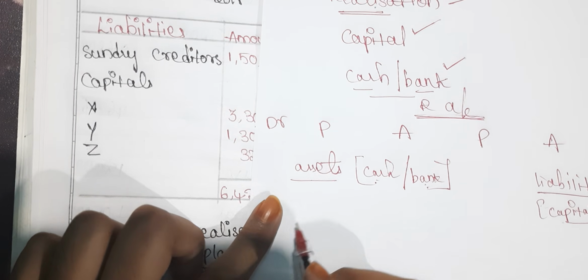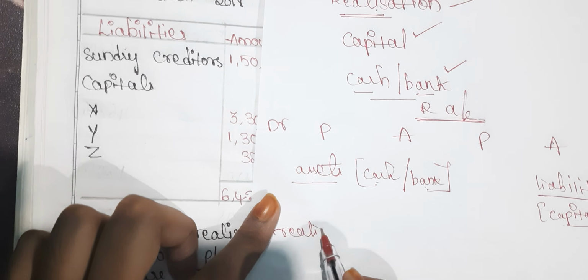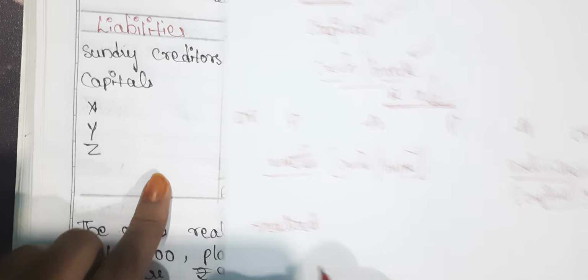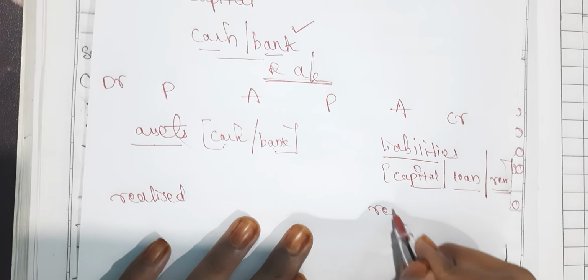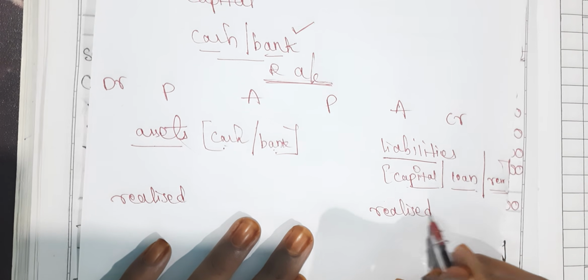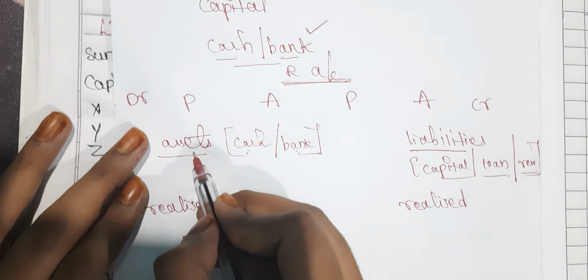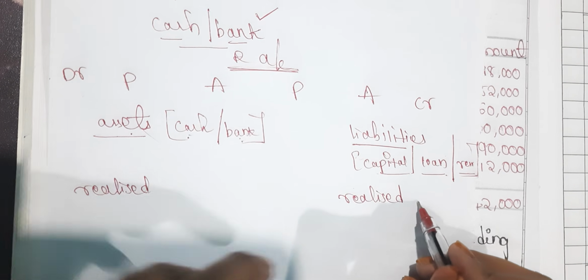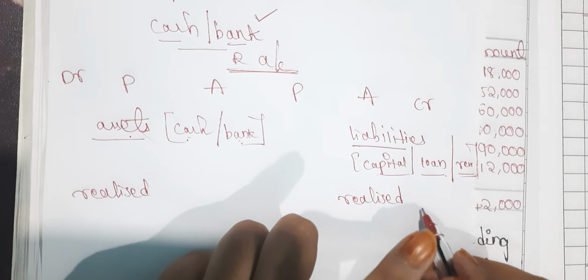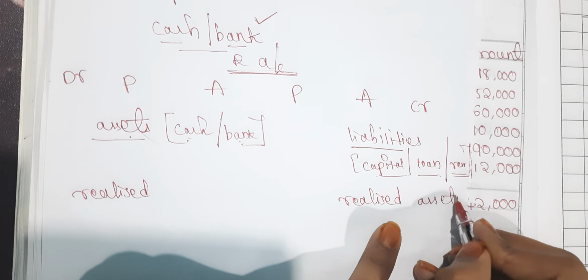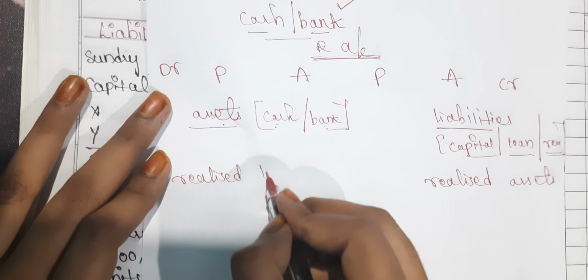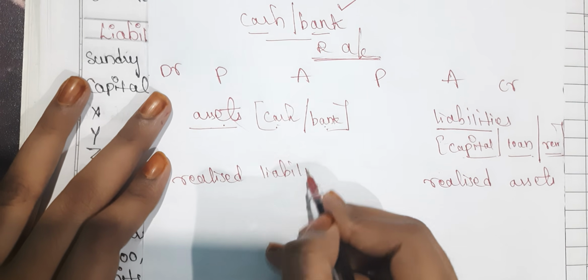If assets are realized, you need to take those assets on the credit side. Let me write realized first. If assets are realized, then you need to take realized assets here on the credit side, and realized liabilities you have to take on this side.